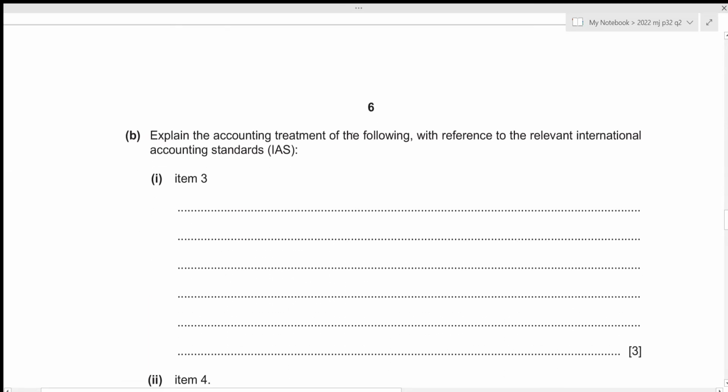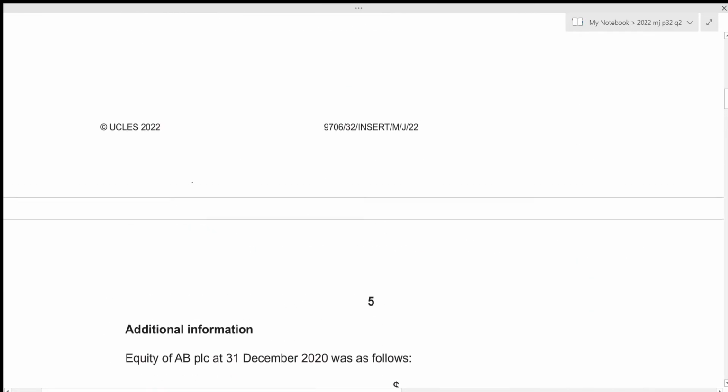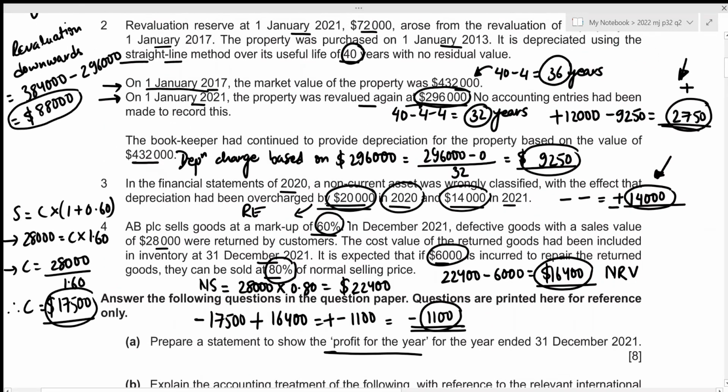We now need to explain the accounting treatment of the following with reference to the relevant international accounting standards. So the first one is item 3. Let's have a look above. We can see that in the third item, we were told that depreciation had been overcharged for the year 2020 as well as 2021. So this is definitely an error. And this relates to International Accounting Standard 8 of accounting policies, changes in accounting estimates, and errors.